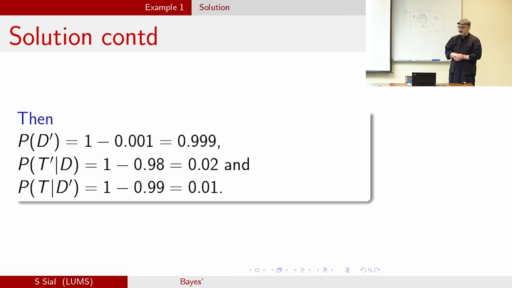The probability of testing negative when you have the disease is 0.02. And the probability of testing positive when you don't have the disease, a false positive, is 0.01.